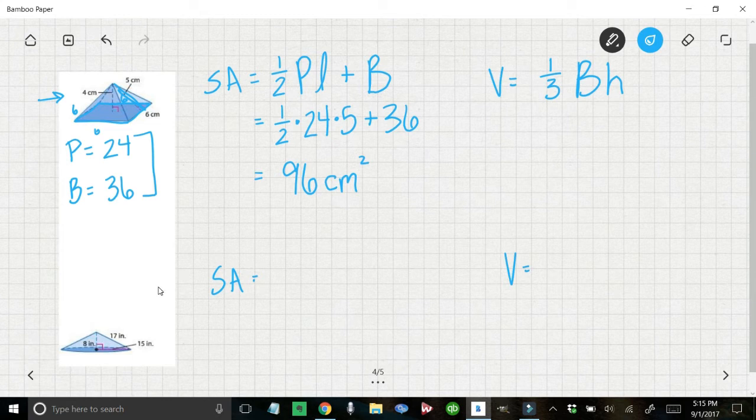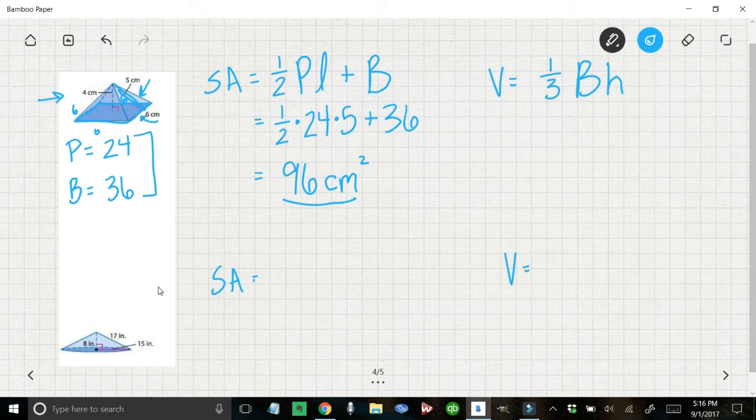I know I'm giving you these formulas, but remember you could always find the area of all 5 of these surfaces, the area of the rectangle or square on the bottom and the area of all 4 of these triangles, and just add them up, and you would also get 96 square centimeters.